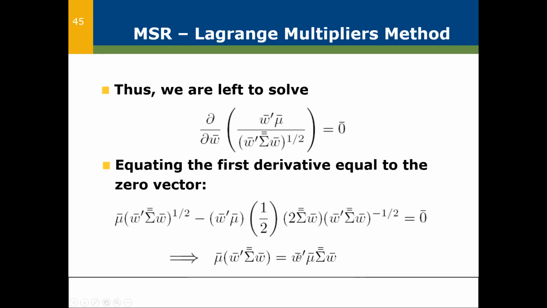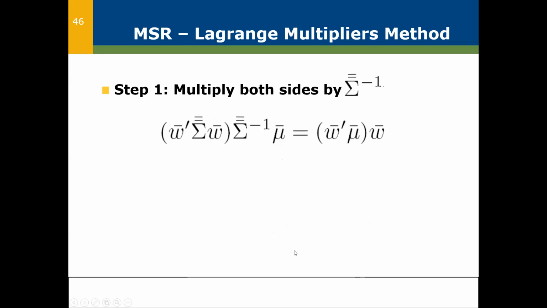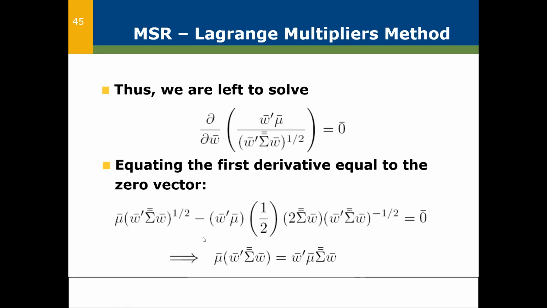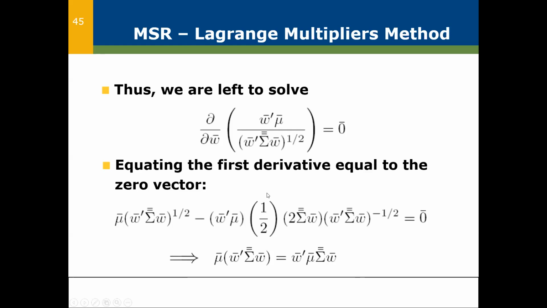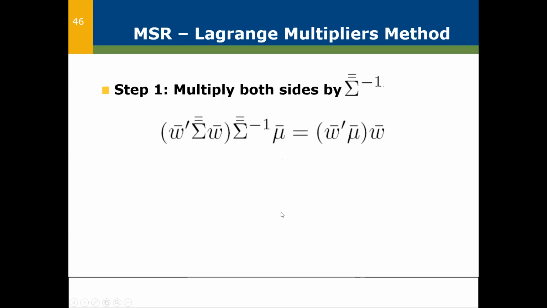And so then what you can do is isolate out the weight. Oh, sorry, I'm skipping ahead too far. The next step is to multiply by the VCV matrix. So let me go back and see. Since this is a scalar, multiplying by the inverse just hits the excess return vector, and then you apply it over here, so you hit the weight vector, so that's what we should get here.